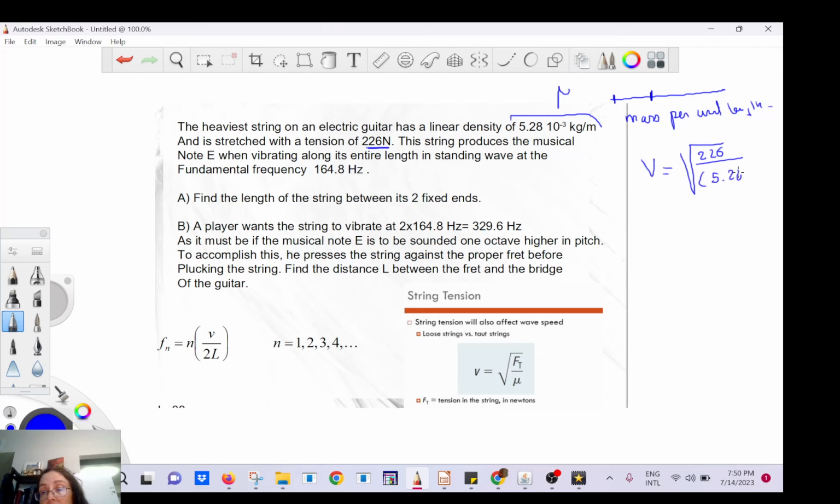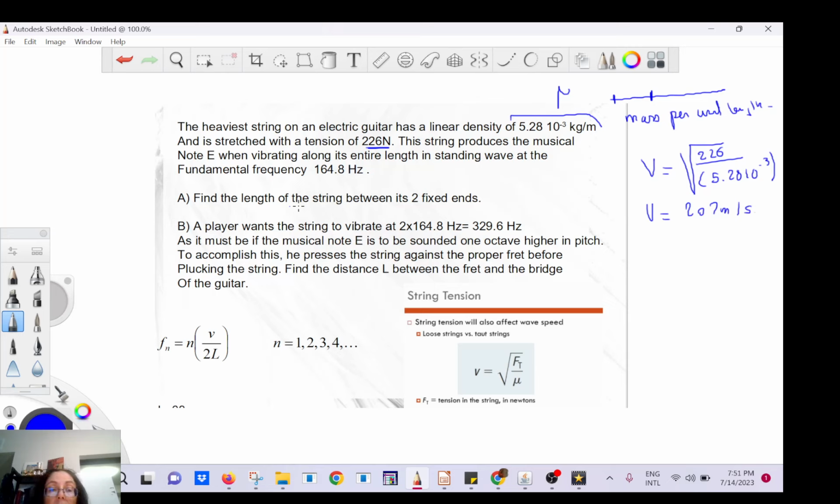So the speed equals the square root of the tension here, which is 2 to 6, divided by the density, 5 to 8 times 10 to the negative 3. You can plug that in your calculator. So the speed will be 207 meters per second.